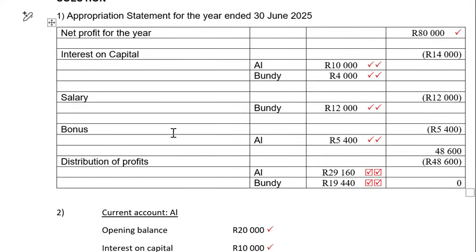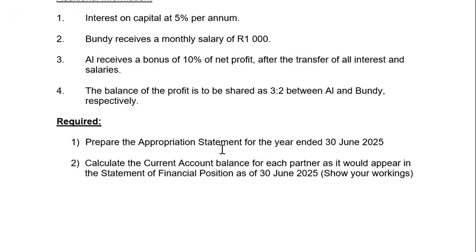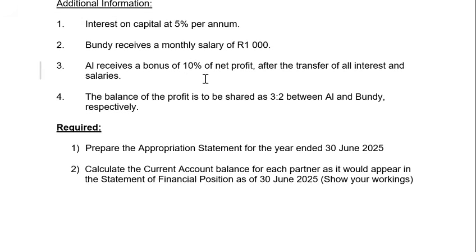And then they said L, in the additional information, gets a 10% bonus after number 1 and 2 have been taken off the net profit.